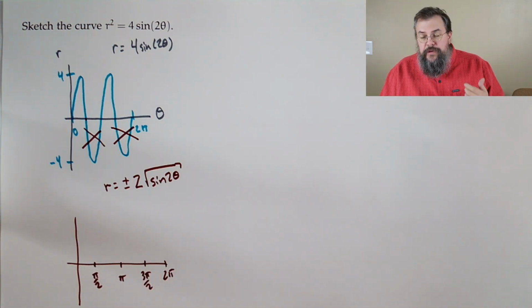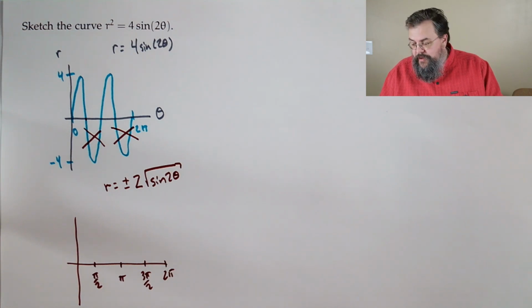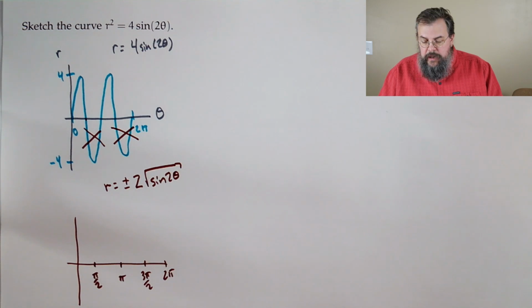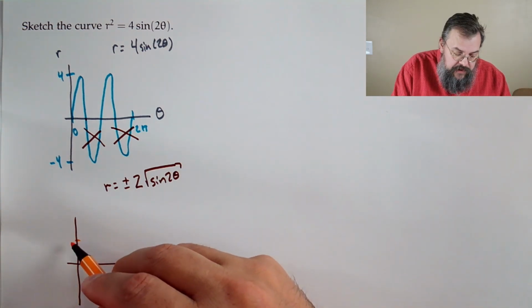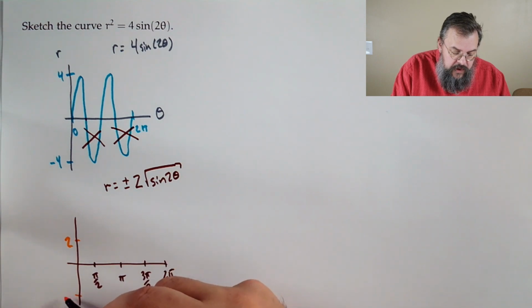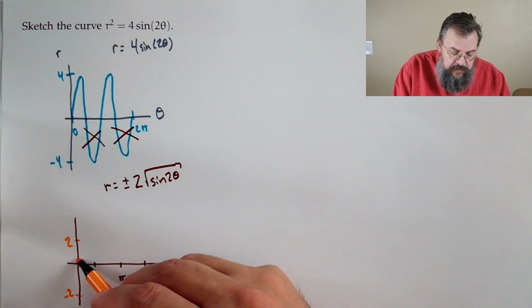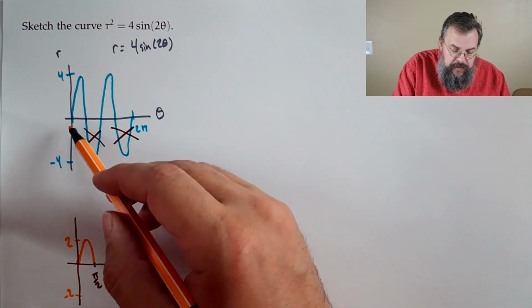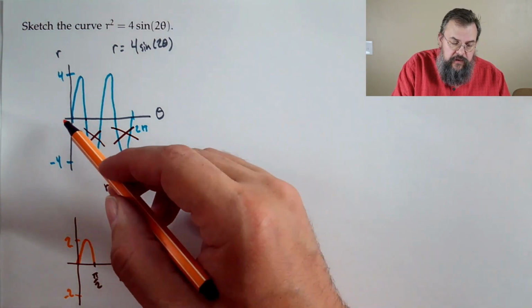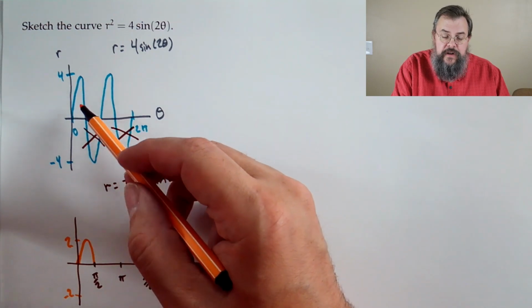So we have sort of 2 possibilities. One is the plus part, which would go up to 2 and looks something like this. It's going to be the same basic shape, because with the square root, the larger the value, the larger the output.